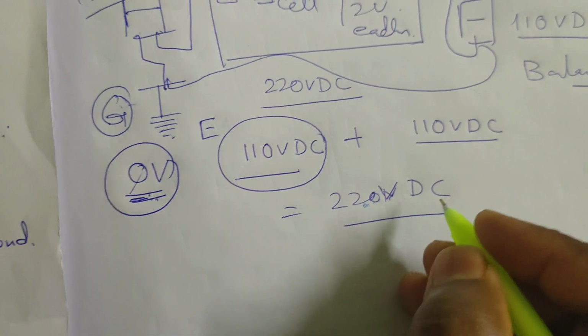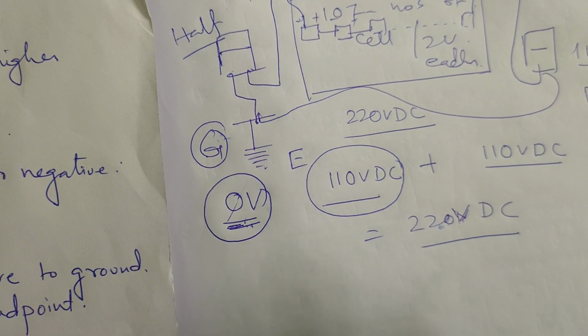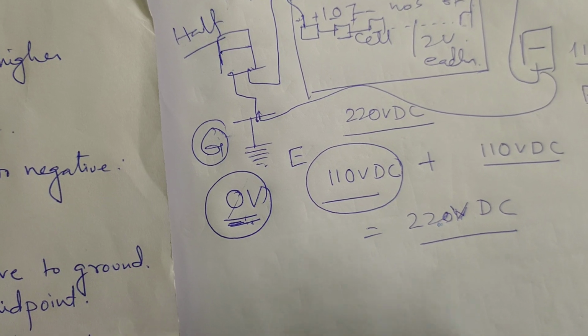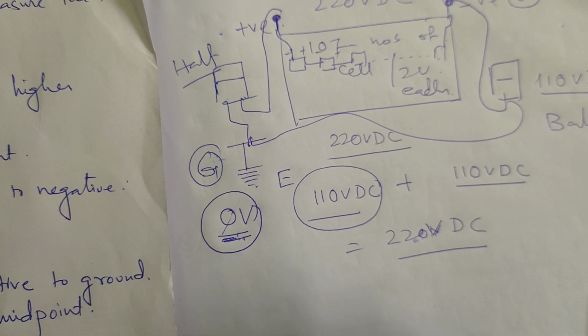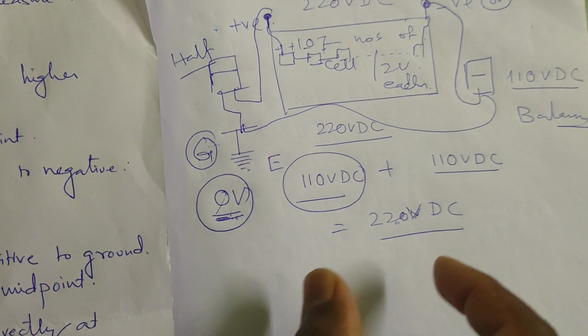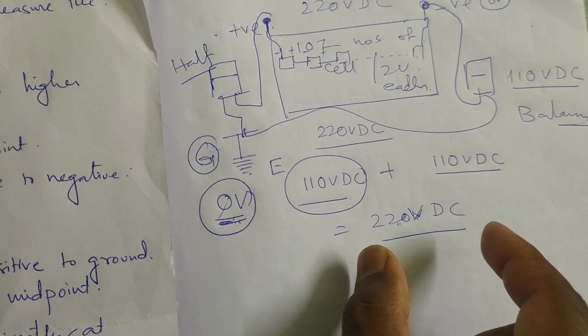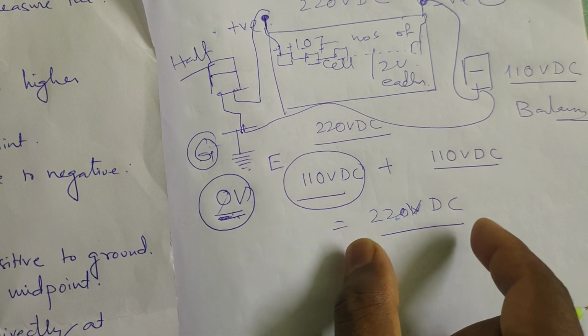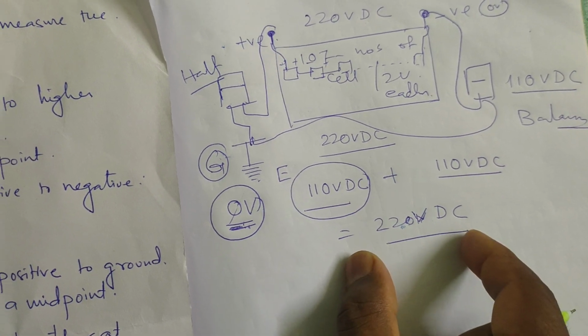In case of a 220 volt DC system, the maximum touch voltage of any battery terminal to ground will be 110 volt DC, which is half of the system voltage. So it is good for any types of fault or hazards.